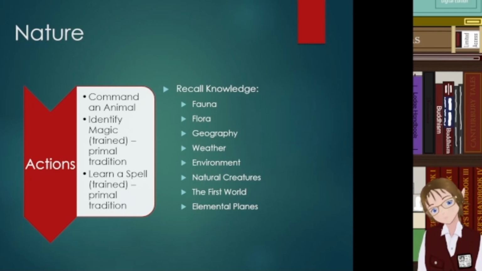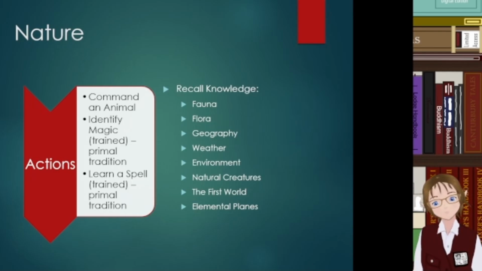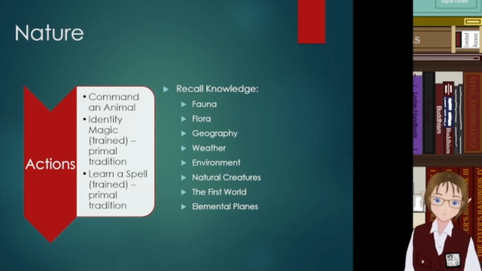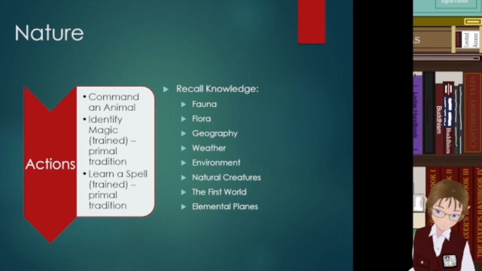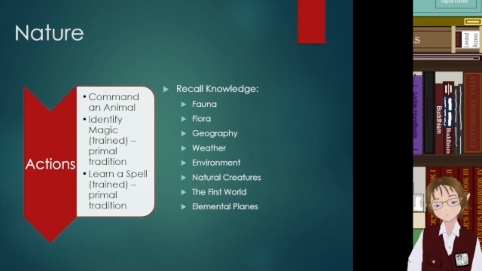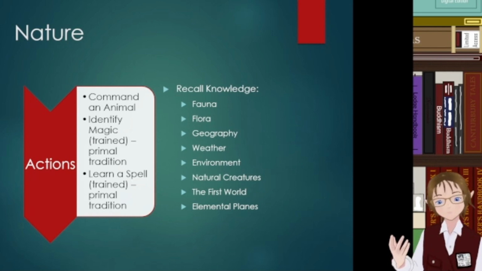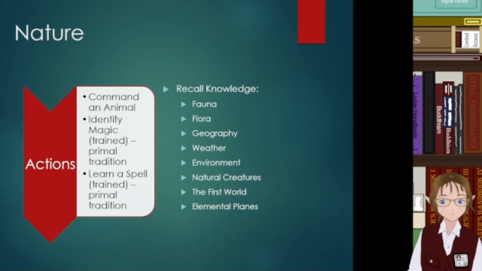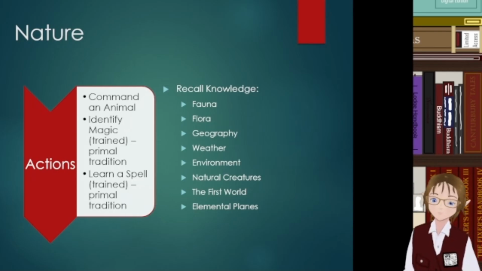But nature's main thing is, first off, you can command an animal. This doesn't always have the highest chance of success, but you can do it. And then the identify magic and learn a spell abilities from the primal tradition. If your character is a primal caster like a druid, they nearly always want nature, and it's usually given by the class as default.